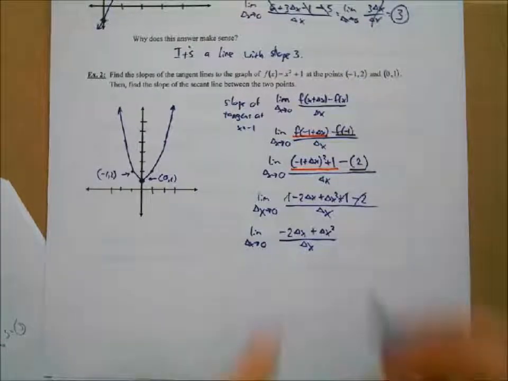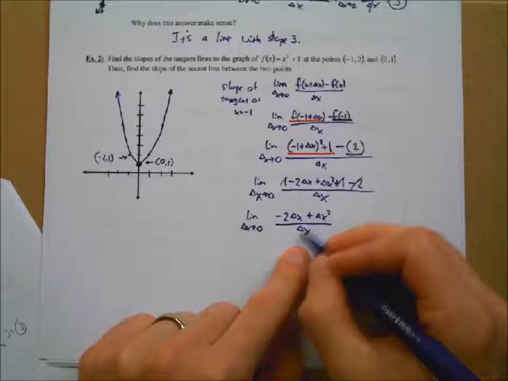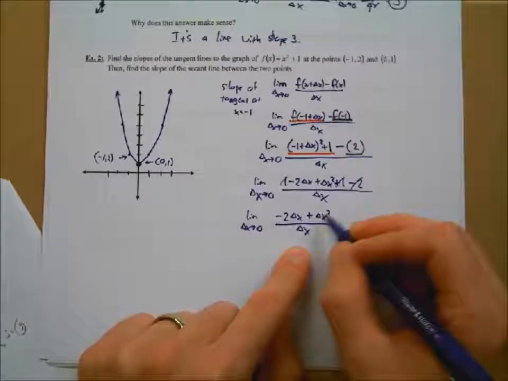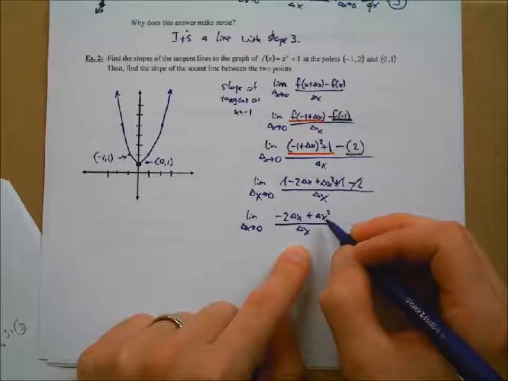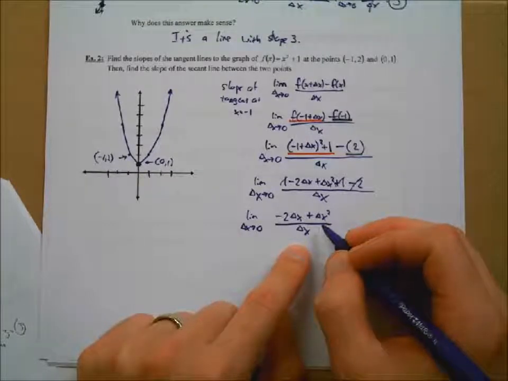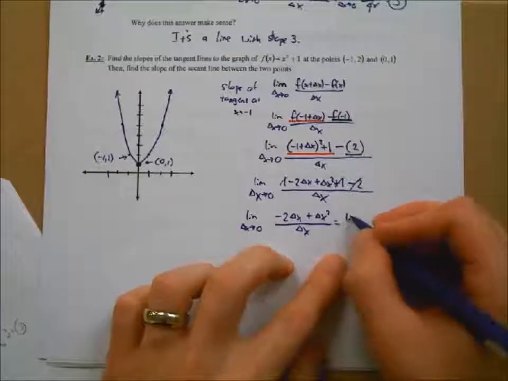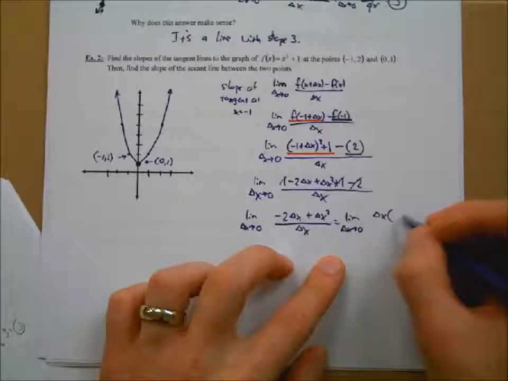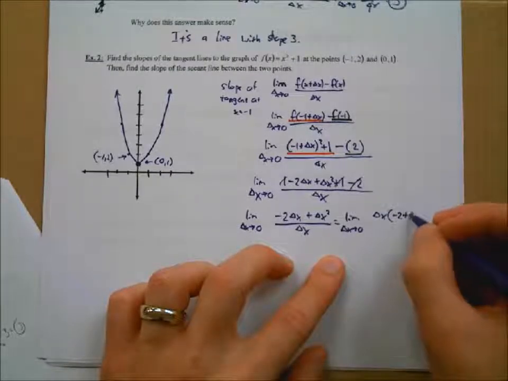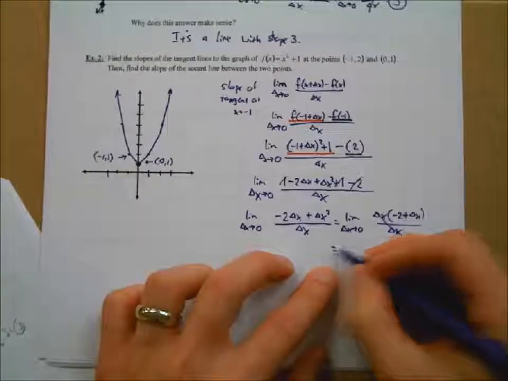I have a delta x in the denominator and a delta x in the numerator, so I can cancel out this delta x with the delta x squared, and it'll be -2 delta x plus delta x. How can we simplify here? What do we need to do in the numerator? Factor out a delta x. Thank you. Yes. Factor out a delta x from the numerator to make it -2 plus delta x all over delta x. Cancel out the delta x's.